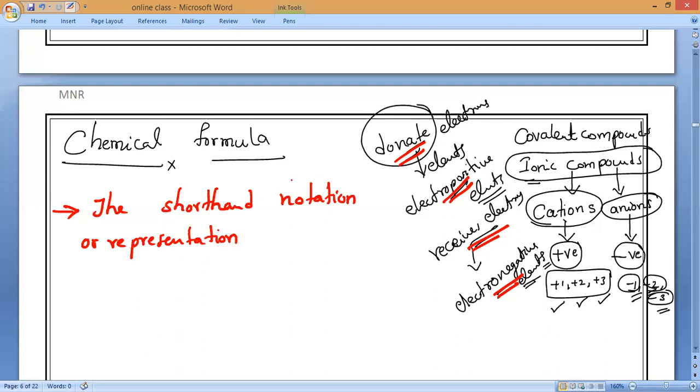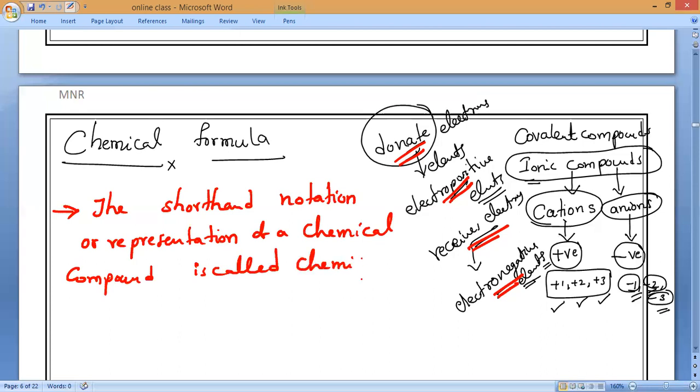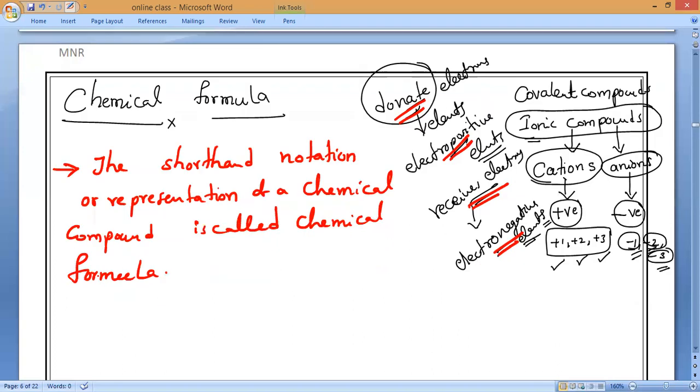The shorthand notation or representation of a chemical compound is called a chemical formula. Are you clear, all of you? We are just representing the compound in the form of shorthand, that is, in the form of symbols. That is what we call a chemical formula.